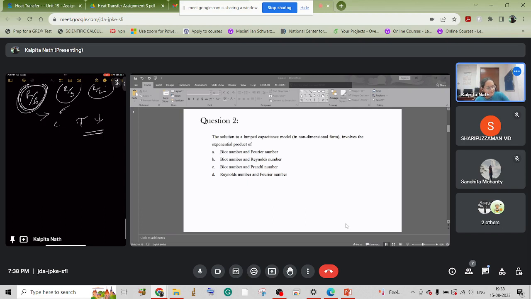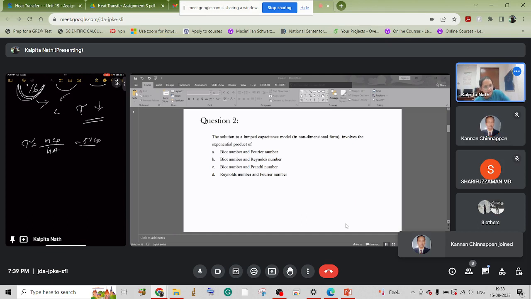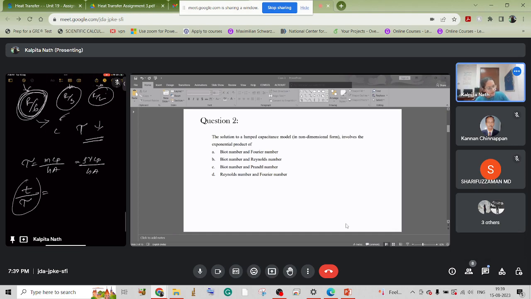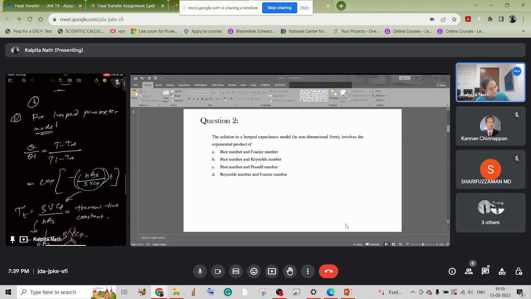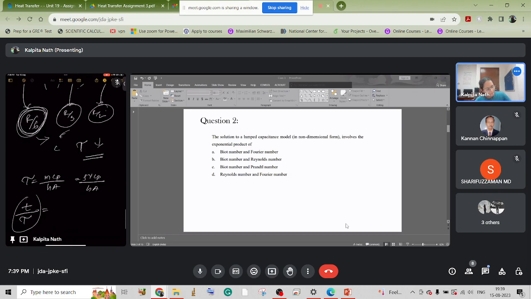For this, we have to find out what are the two numbers that will give a combination of the time constant. So for that, we have to take the time constant into consideration, that is mCp upon hA, that is rho V Cp upon hA. So t upon tau is equal to, this is t upon tau, right?